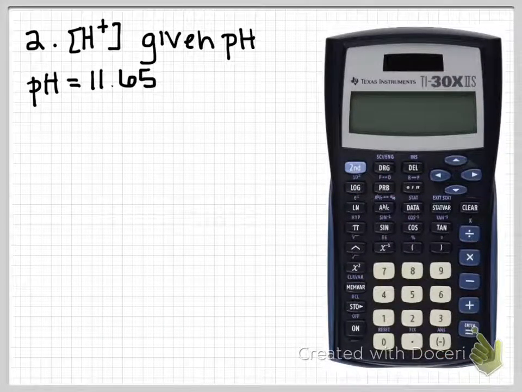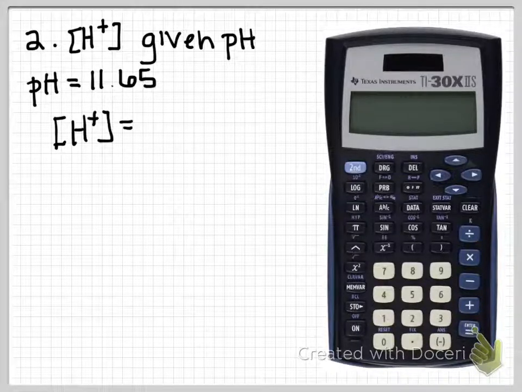The next calculation we're going to look at is calculating the hydronium ion concentration given pH. So here I'm giving an example, pH equals 11.65. And the formula we're going to use for this is the concentration H plus is equal to 10 to the negative pH.